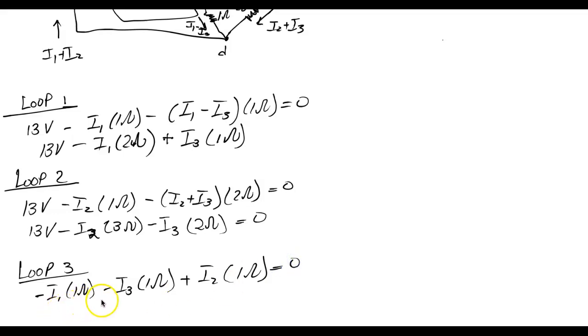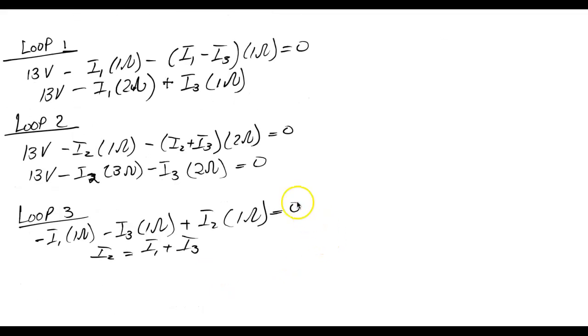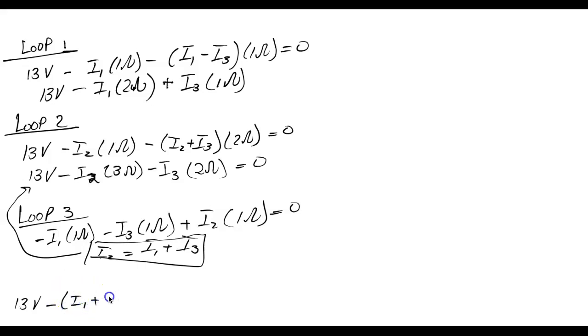This equals 0, and this gives us that I2 equals I1 plus I3. If we take this equation and plug it into the above result, we get 13 volts minus, instead of I2, we have I1 plus I3, minus I3 times 2 ohms equals 0.